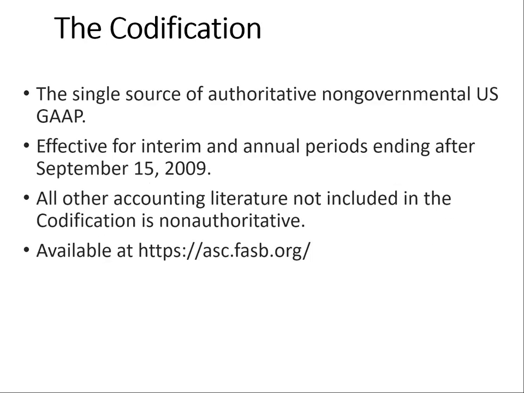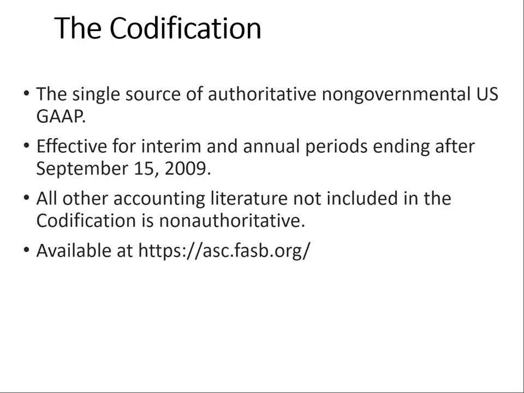Let's go to the codification. Starting from September 15, 2009, the codification is the single source of authoritative non-governmental US GAAP. The codification has included most of the FASB pronouncements, together with the AICPA pronouncements and many other things, in a single place.